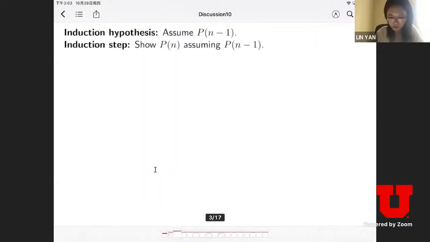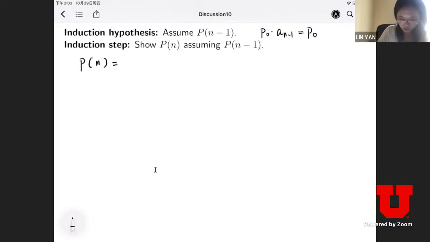Then we need to make an inductive hypothesis, that Pn minus 1 is true. That means P0 times An minus 1 is equal to P0. And then we go to the inductive step. We need to show Pn is true, assuming Pn minus 1 is true.